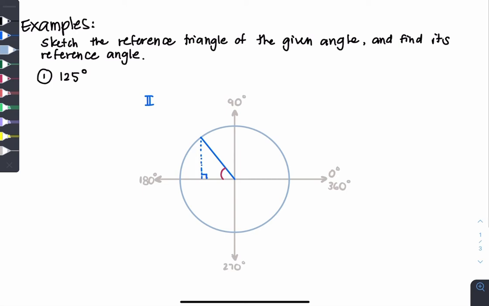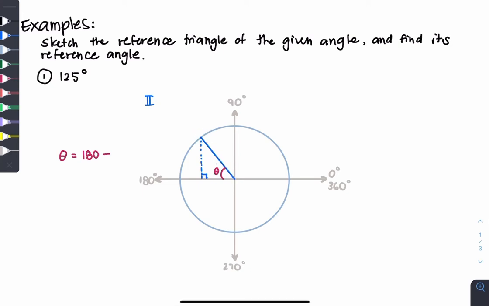All right, so we were able to sketch the reference triangle. Now all that's left to do is identify that reference angle. Let's use the letter theta for that angle measure. To find the reference angle theta, since we are in quadrant 2, all we need to do is take 180 minus this angle measure here.